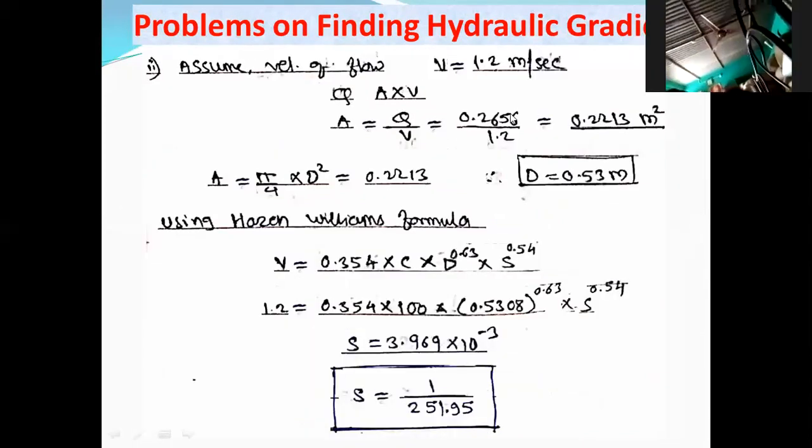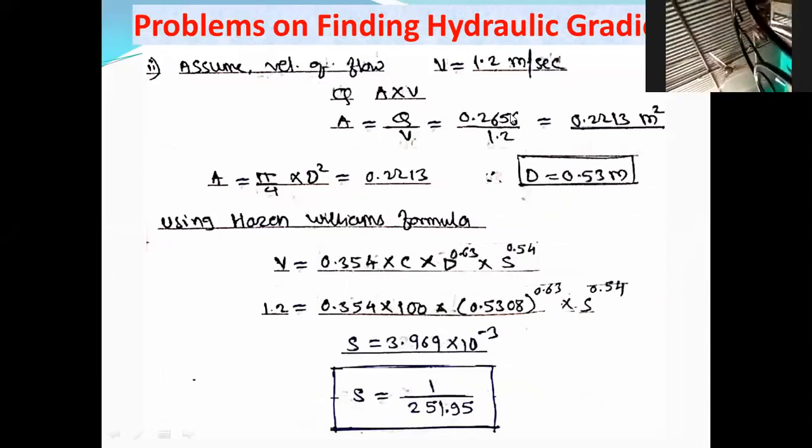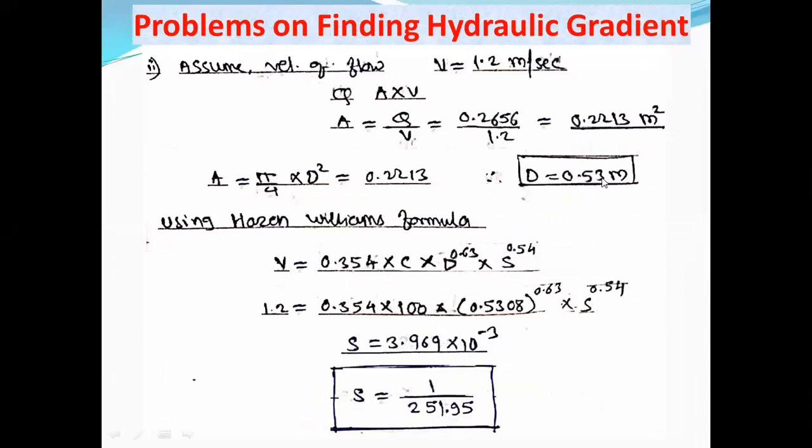Correct. The value of diameter you got here is 0.53, and that is correct. You can see here, this is the value. Assume the velocity of flow as v equal to 1.2 meter per second, and by using this equation you got the diameter of the pipe as 0.53.